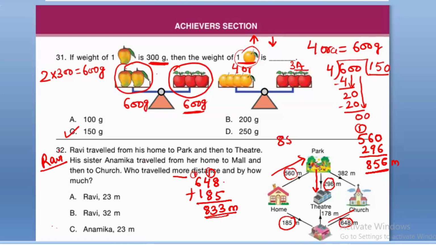When we subtract 833 from 856, we get 23. So Ravi has traveled more, by 23 meters. So which will be our correct option out of the given four options? Option A, which is Ravi and 23 meters.